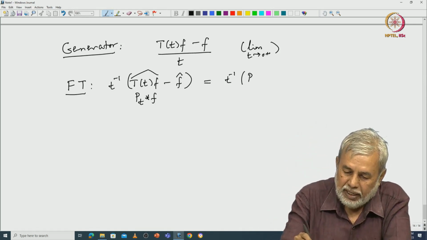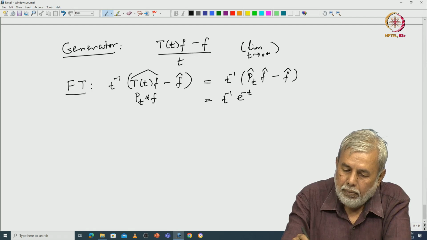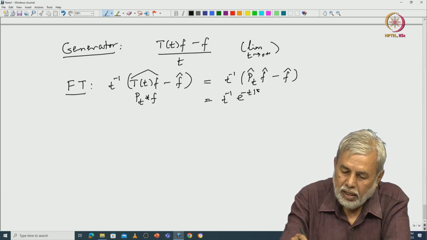So, let me write that: P_t hat f hat minus f hat. So, this is 1 over t times (e to the minus t mod xi, this is minus 1) f hat.